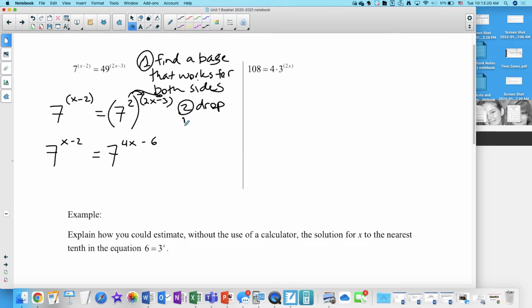So we are going to now solve the linear equation to determine the value of x. And we solve these using opposite operations, right?